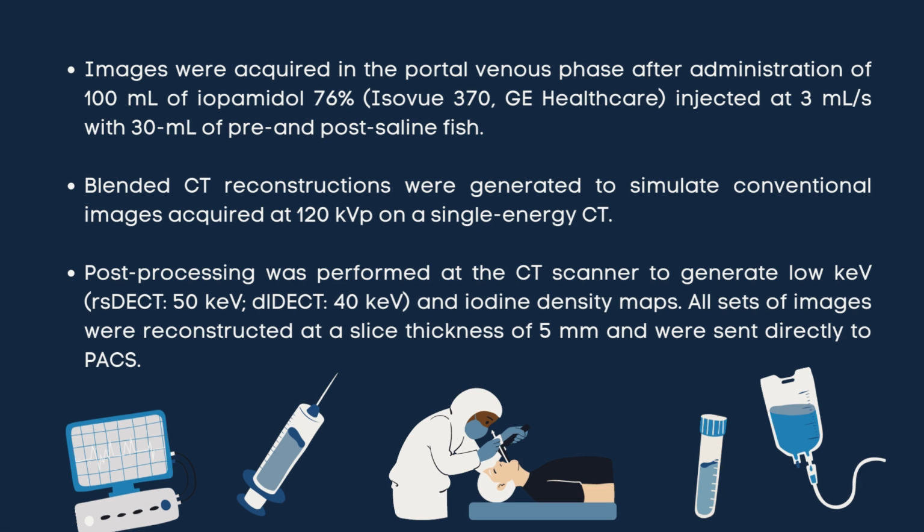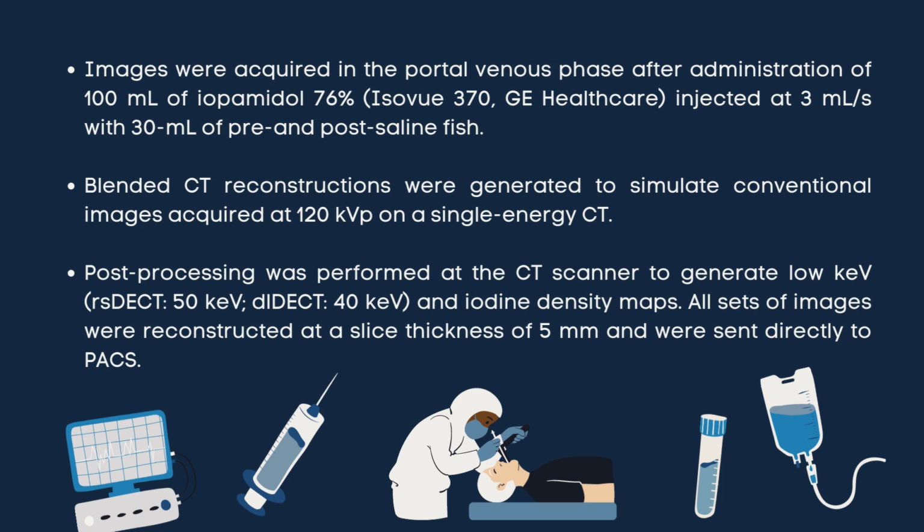Images were acquired in the portal venous phase after administration of 100 ml of iopamidol 76%, Isovue 370 GE Healthcare, injected at 3 ml per second with 30 ml of pre and post saline flush. Blended CT reconstructions were generated to simulate conventional images acquired at 120 kVp on a single energy CT.